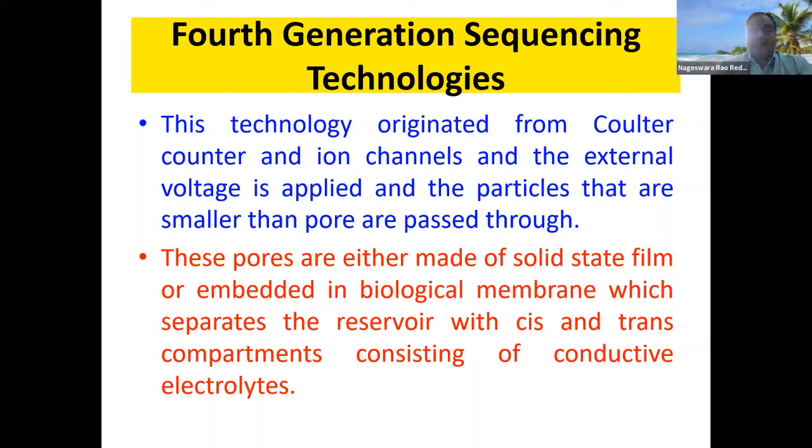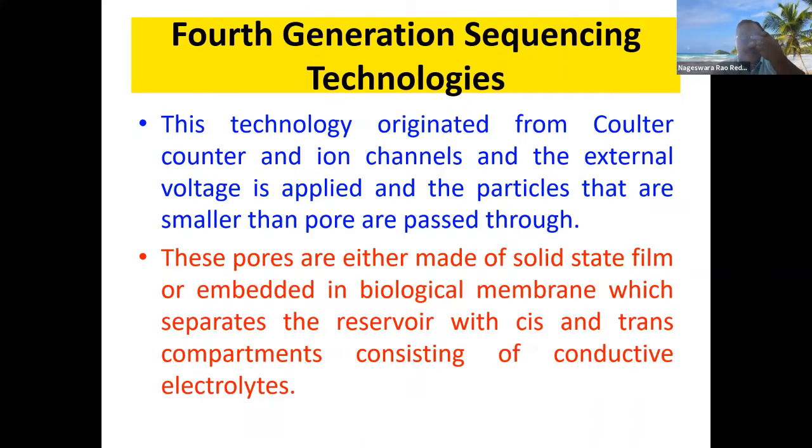So here you can see there is a reservoir or a chamber which is of cis and trans. So I've shown you how the cis and trans compartments look. Okay. In these cis and trans compartments, the electrolytes will pass along with the DNA.